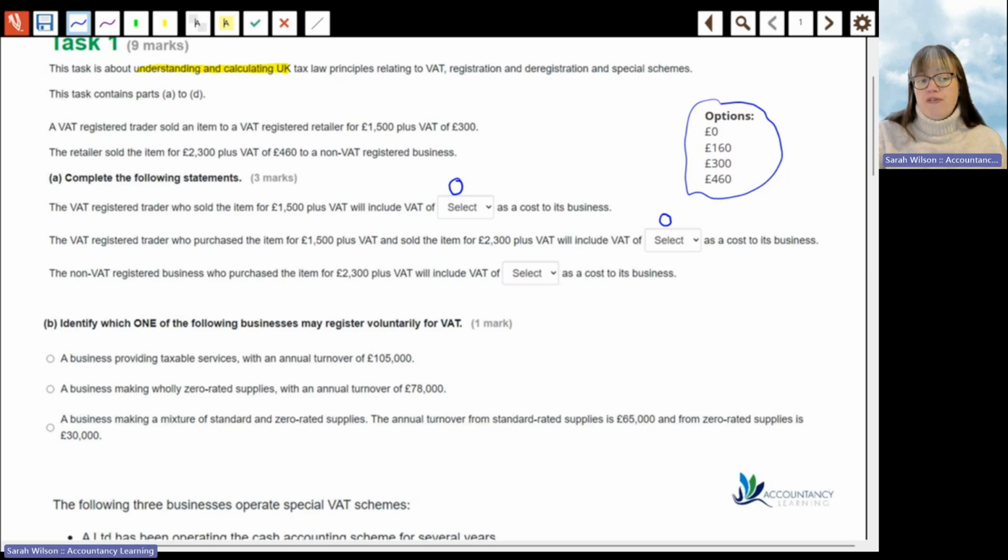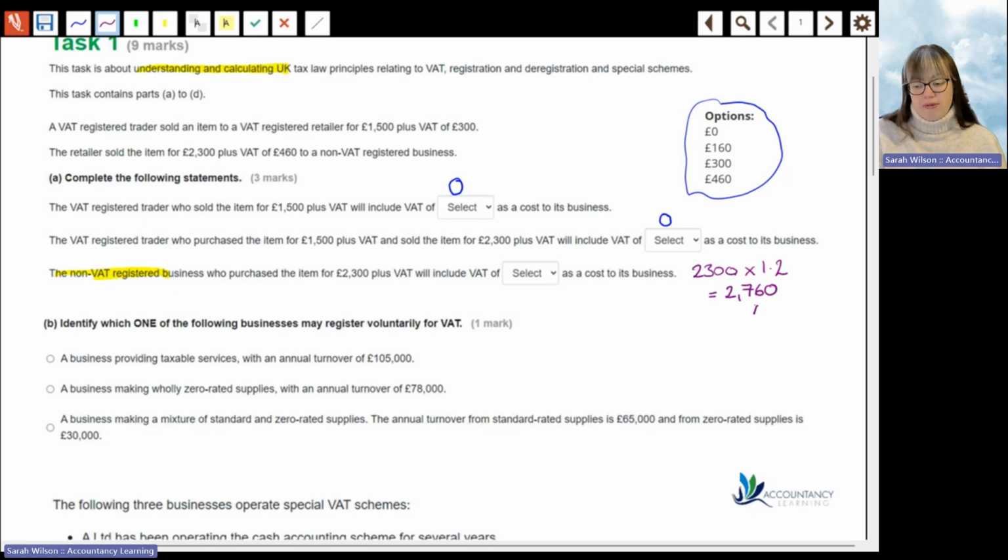Then finally, the non-VAT registered business who purchased the item for 2,300 plus VAT will include VAT of as a cost to its business. The key bit here is the non-VAT registered business, so they have to pay the full amount. The gross amount will be 2,300 multiplied by 1.2, which would be 2,760.